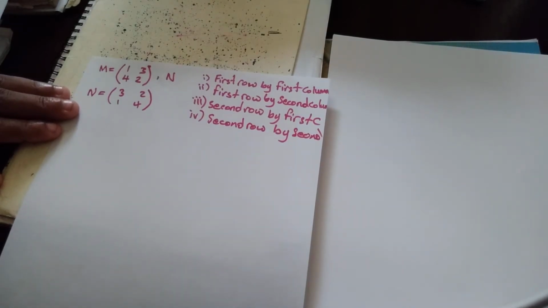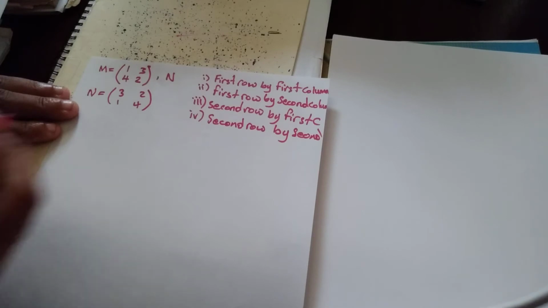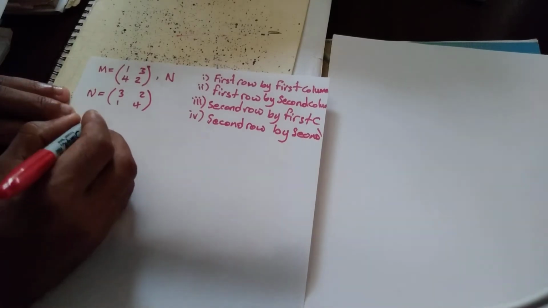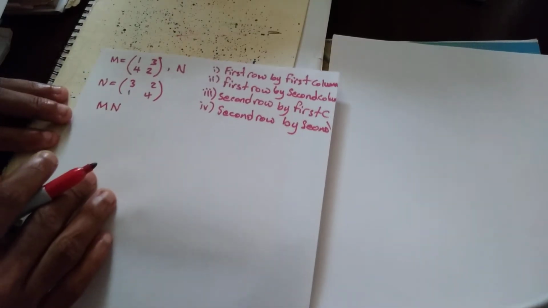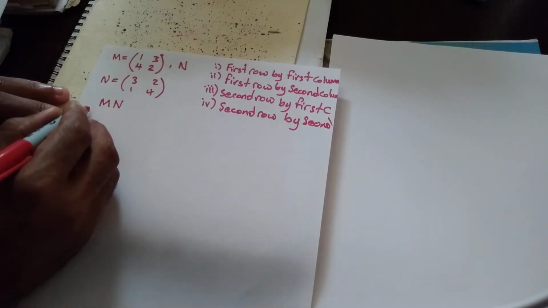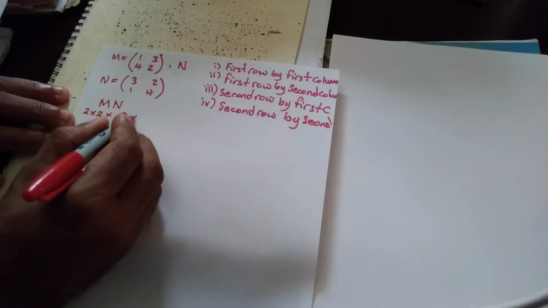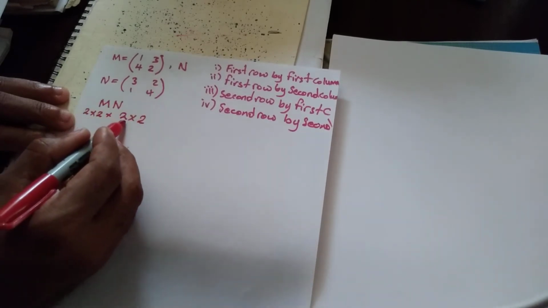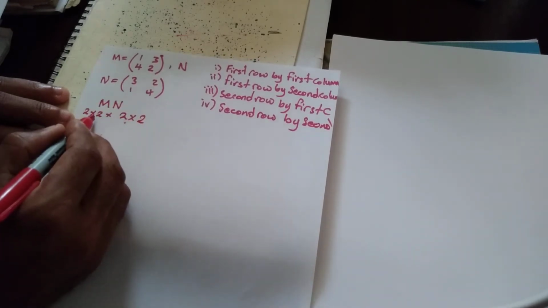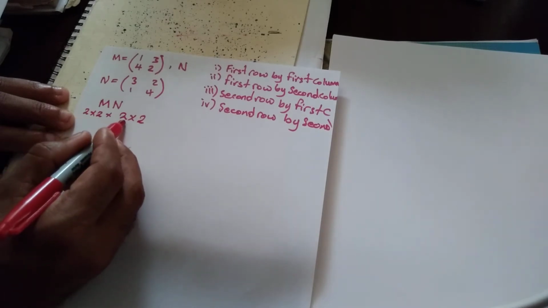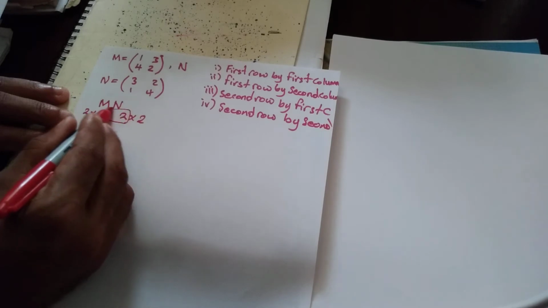Now, with matrix N, we are going to find MN. So remember, we need to check the order. So M is a 2 by 2 by a 2 by 2. So once the number of columns in the first matrix is equal to the number of rows in the second matrix, that means they are conformable. So they are the same.